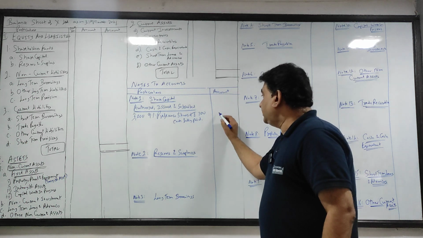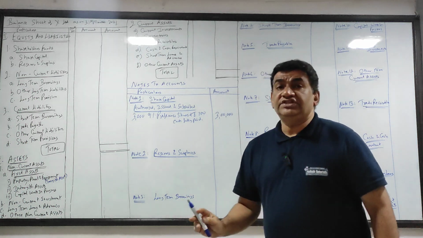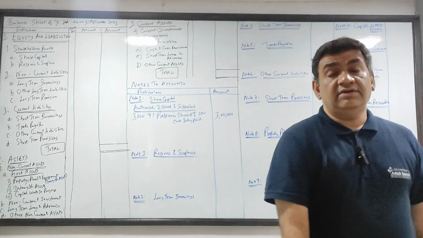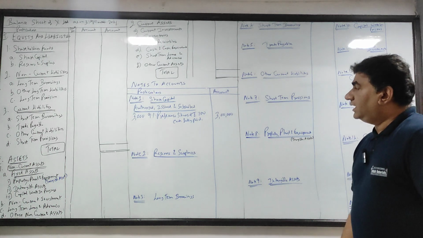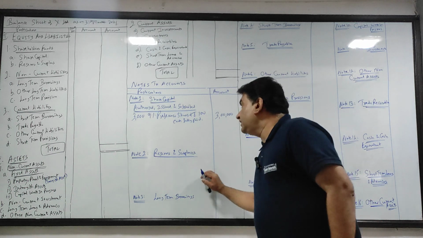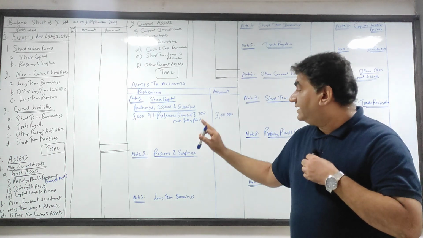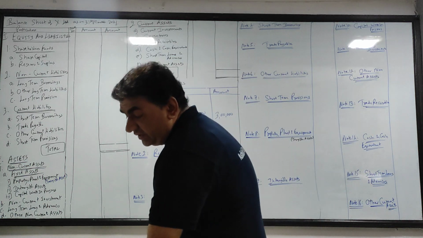So 3,000 into 100, that is 3 lakh, which is the amount given in the balance sheet. Clear with this? Next, same way equity.